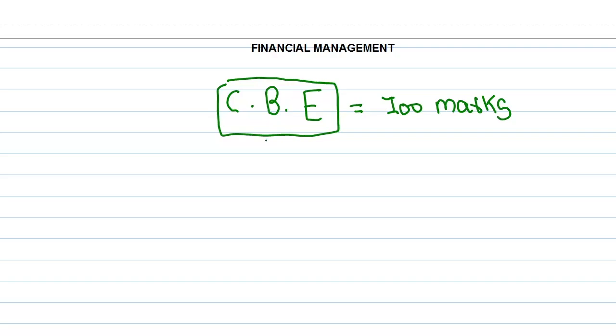Now, in the computer-based exam, we have 3 sections. These 100 marks will be divided into 3 sections. The first section is known as section A, or you can say part A. In part A, we will have 15 OT questions.